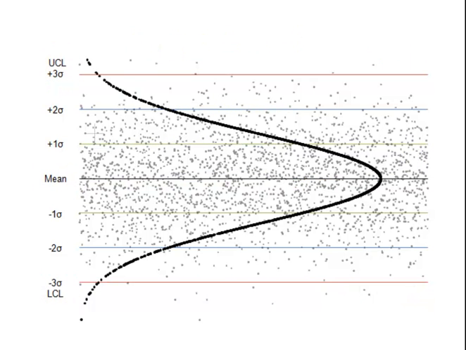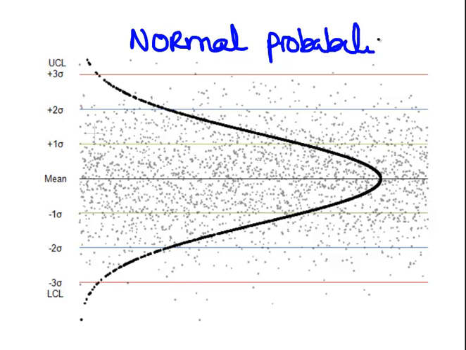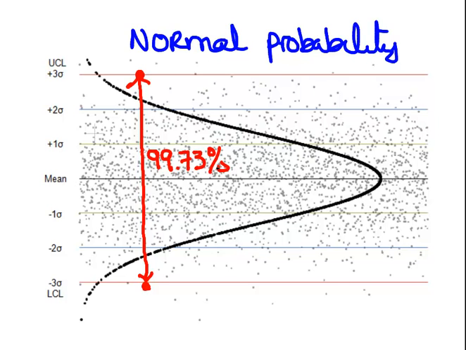But anyway, what is important here is that if you remember the normal distribution, the normal probability distribution, the key thing about that is that between the mean minus 3 standard deviations, which will be here, to plus 3 standard deviations, what we should have there is 99.73% of all observations.